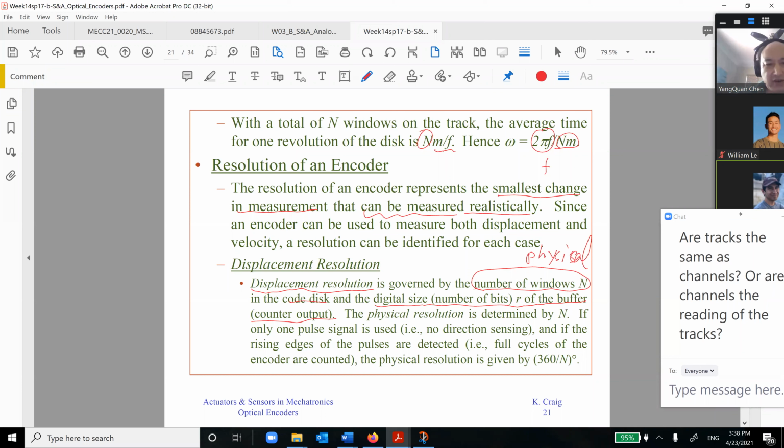The physical resolution is determined by n, but only one pulse signal is used. No directional sensing, no quadrature arrangement, just one channel. If the rising edge of the pulse is detected and the full cycle of the encoder is counted, the physical resolution is only 360 divided by n. That's easy. This is the physical resolution.